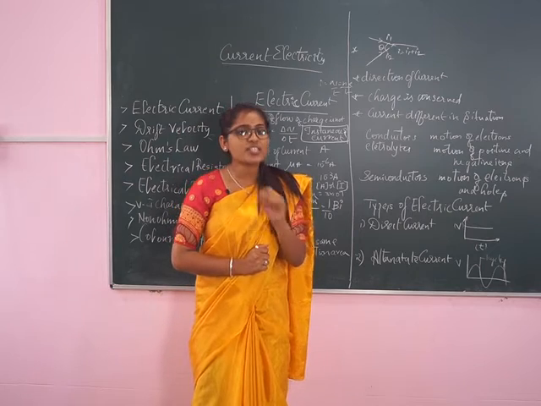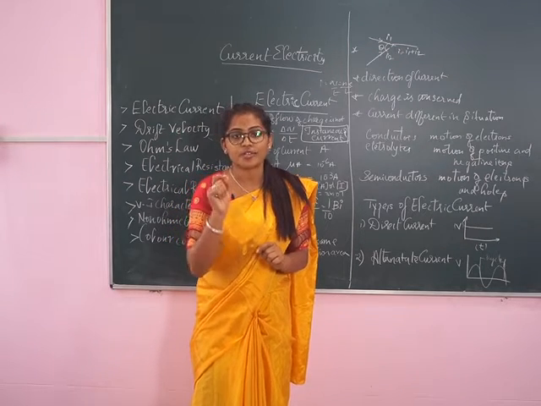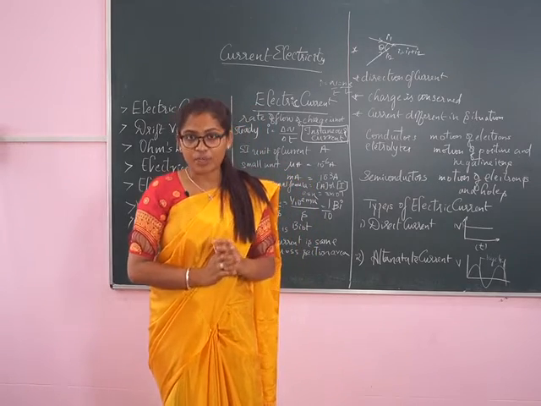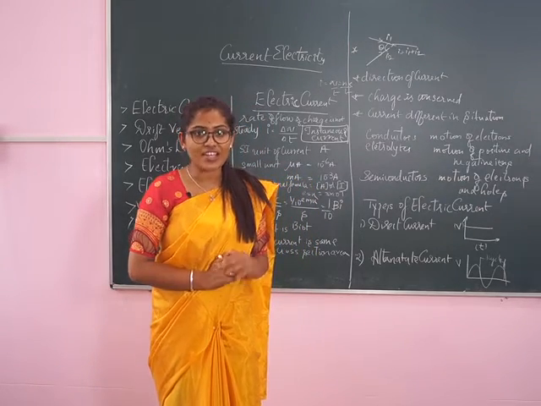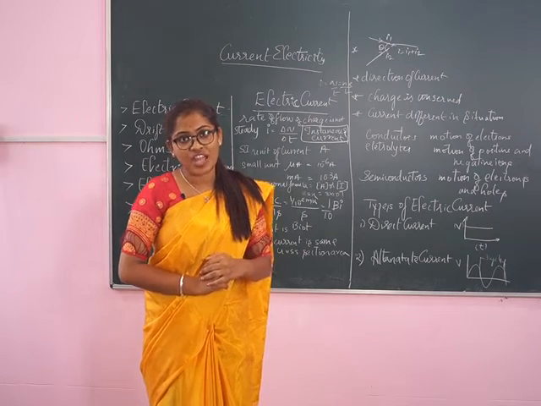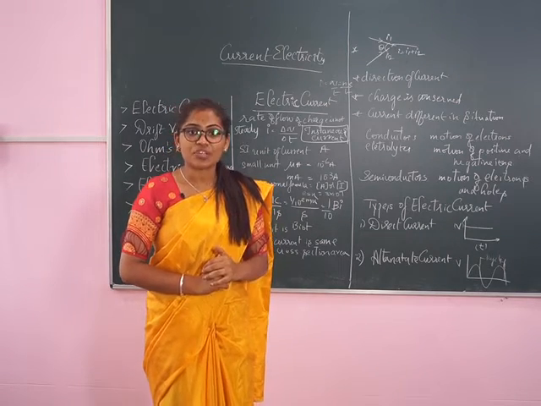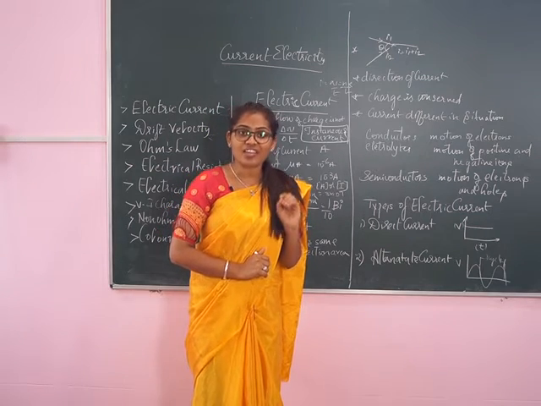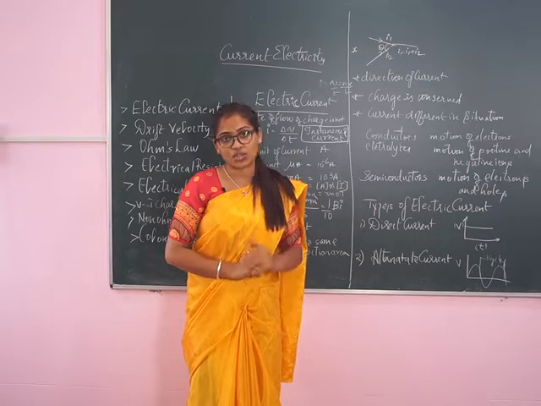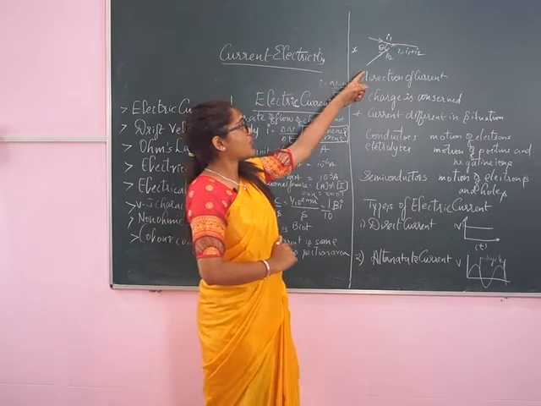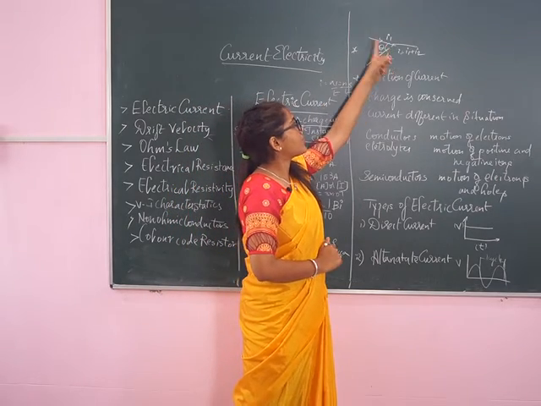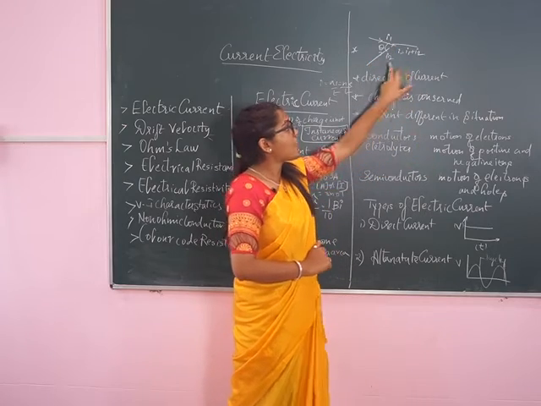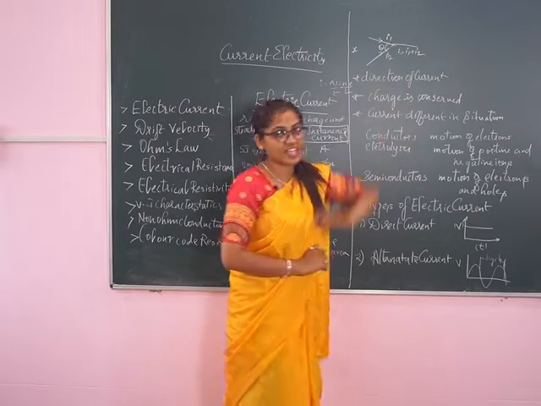But when you discuss the direction of current, you may feel that current is a vector quantity. No, current is not a vector quantity, because whatever direction it shows is a false direction. It will not obey the vector parallelogram law. So usually we say current is a scalar or a tensor quantity. In the diagram, I1 is flowing here, I2 is flowing here, and they reach one particular point. Finally I is equal to I1 plus I2.